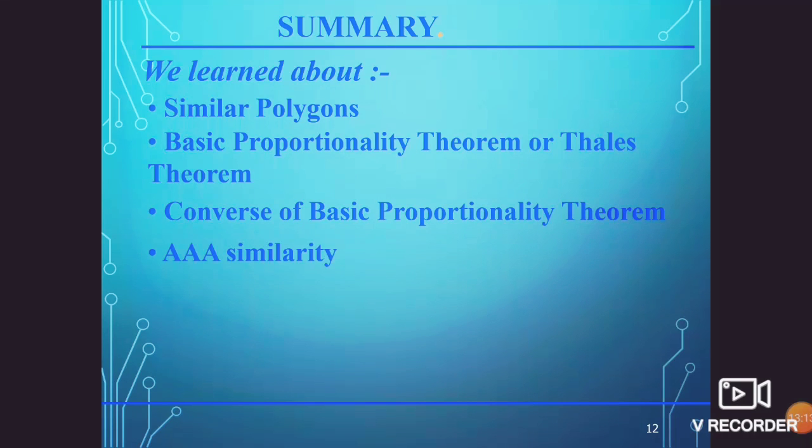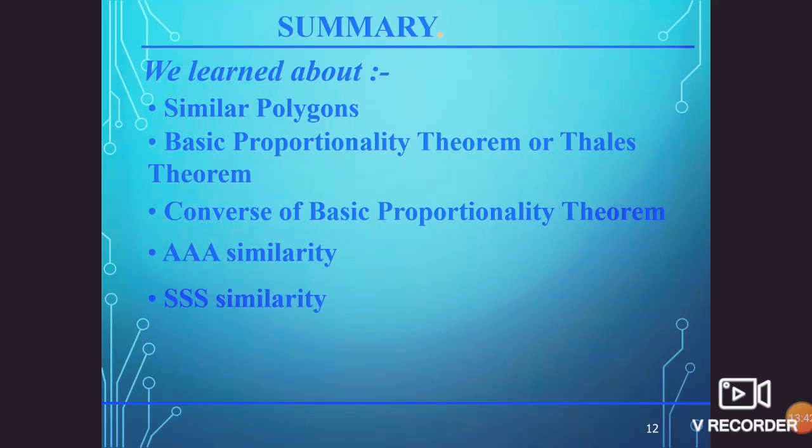Next, we have learnt about the AAA similarity criterion, and it has a corollary which is the AA similarity criterion. If we can prove that all the angles of two triangles are equal, then we can say those triangles are similar.